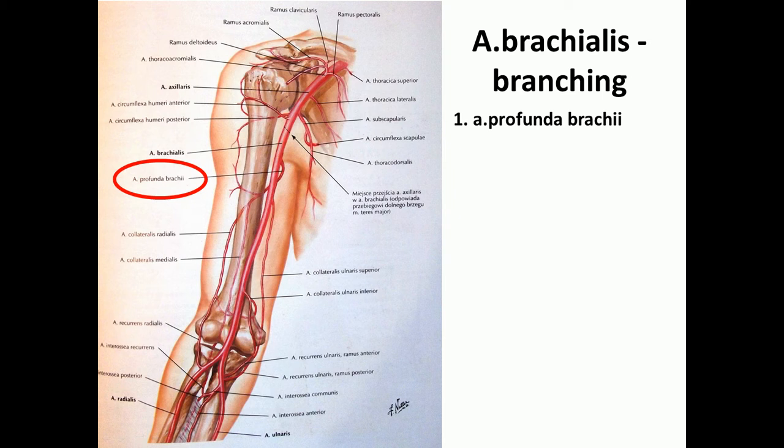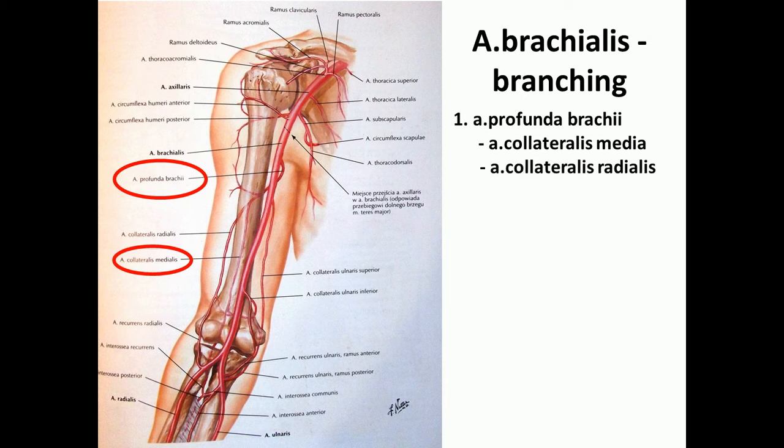Through this canal, nervus radialis and arteria profunda brachii pass together. Then arteria profunda brachii divides into arteria collateralis media, here it is, and arteria collateralis radialis, here it is.